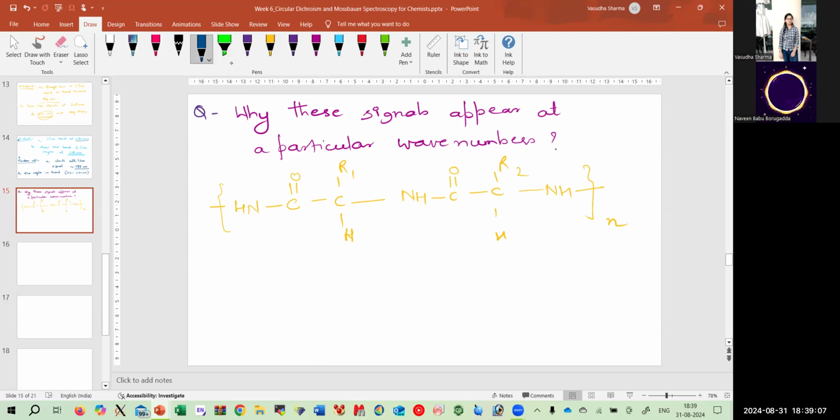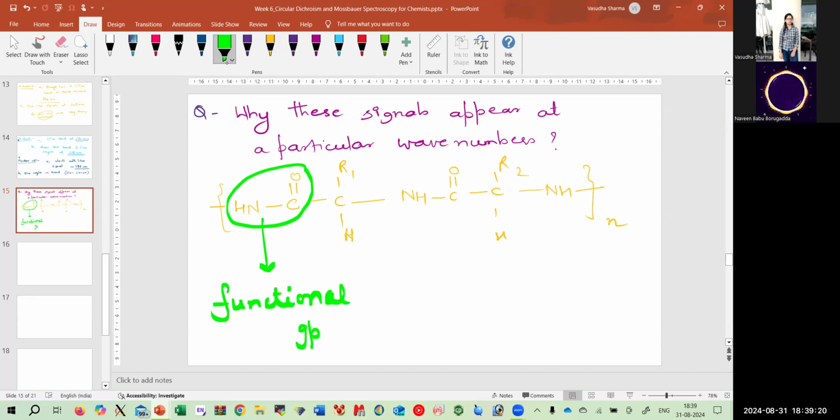The functional group is this region, the amide region, that is your functional group. And the other functional group could be your R. If it is phenyl, in the case of phenylalanine, then it would show 260 to 270 nanometer. That is the UV range for it.